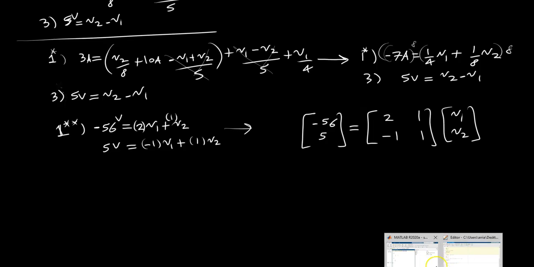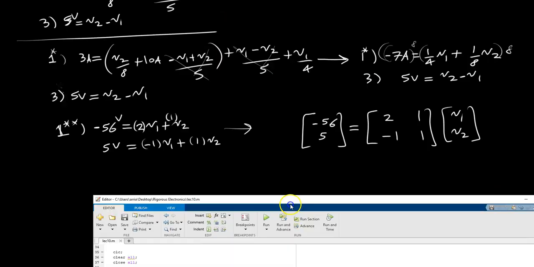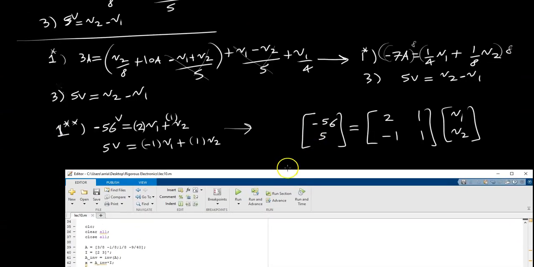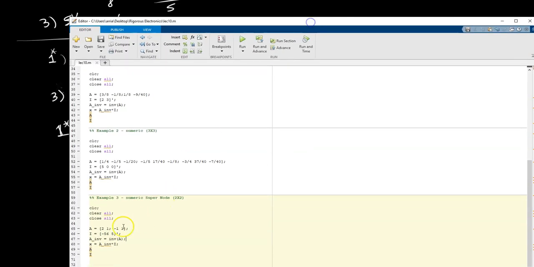Okay, so checking our matrix algebra validity in MATLAB, we're going to simply input the matrix 2, 1, negative 1, 1, which I've placed there, and we're going to have our source input matrix as negative 56 and 5, which I have over here as I. In this case, it should be V just to stay consistent.